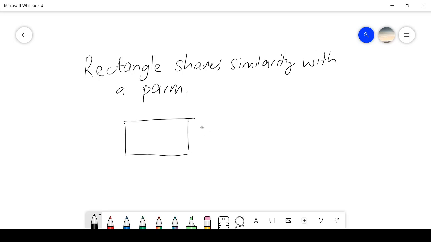A rectangle has two pairs of opposite sides that are equal, and the same goes for a parallelogram. A parallelogram is simply a tilted rectangle.